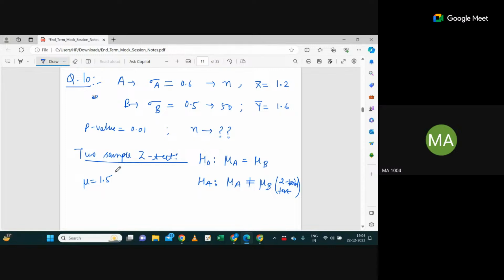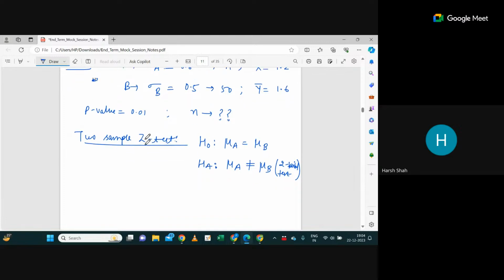Here I'm talking about two different samples, so whenever you have two different samples, our hypothesis is defined as mu1 equal to mu2. That means there is no significant difference between the samples. The alternative we define as per the information.